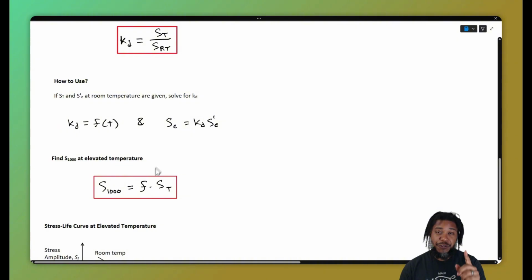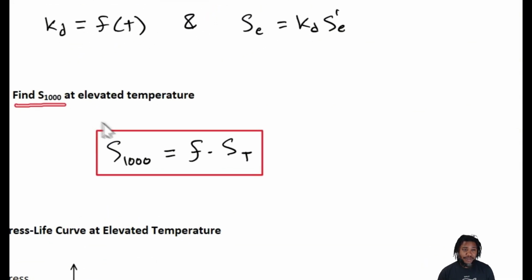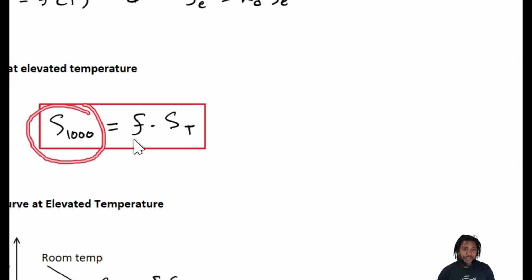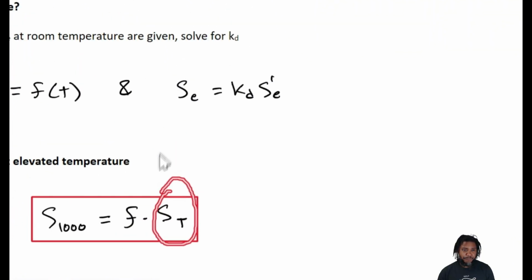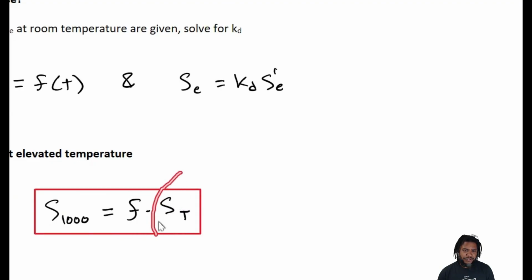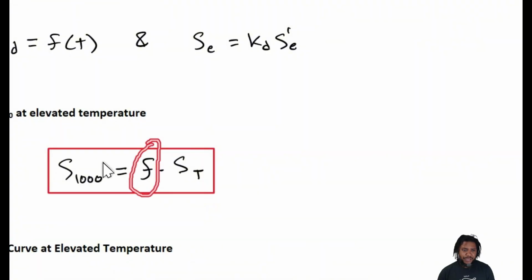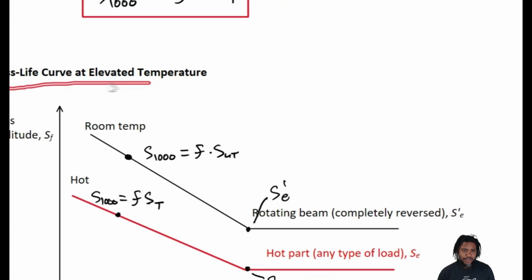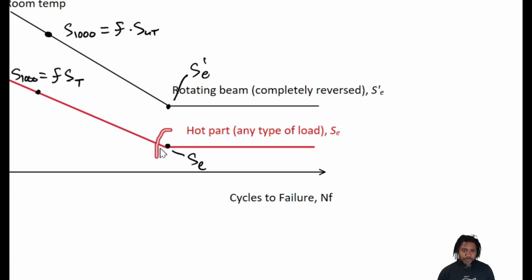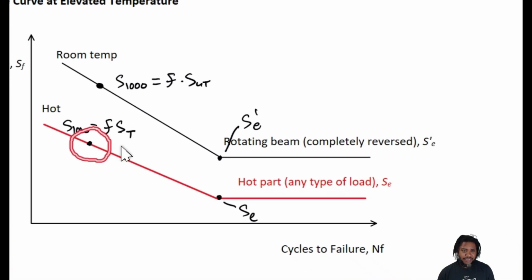Now, an important thing we do have to note for temperature is that temperature, since it is modifying the strength of our part, also modifies our S1000 point, where the strength at temperature times our F factor gives us our S1000. So when we look at our stress life curve at elevated temperature, not only are we knocking down the endurance limit, but we're also knocking down the position of S1000.